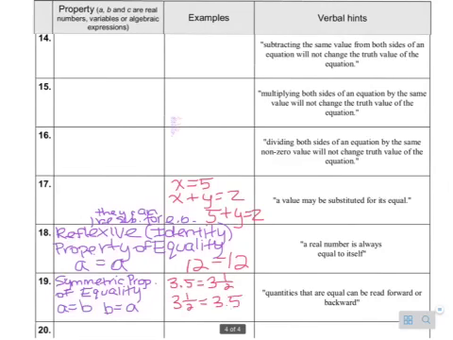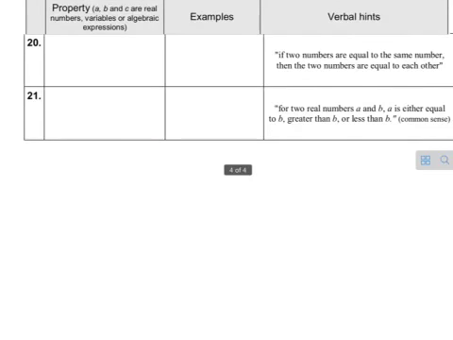Our final two examples. The first, number 20: if two numbers are equal to the same number, then those two numbers are also equal to each other. This is the transitive property of equality.